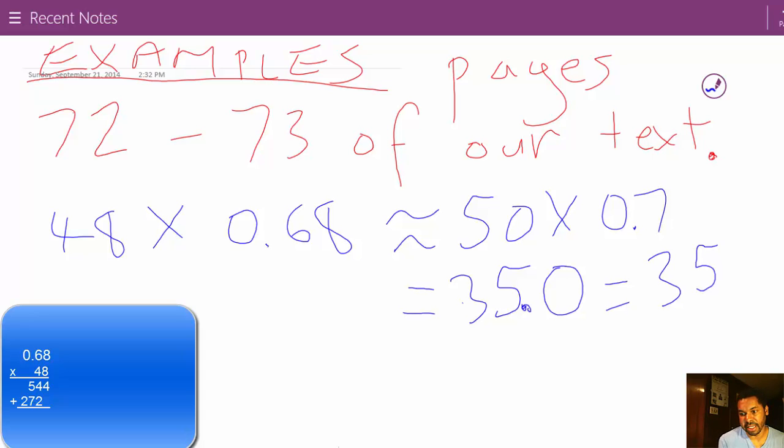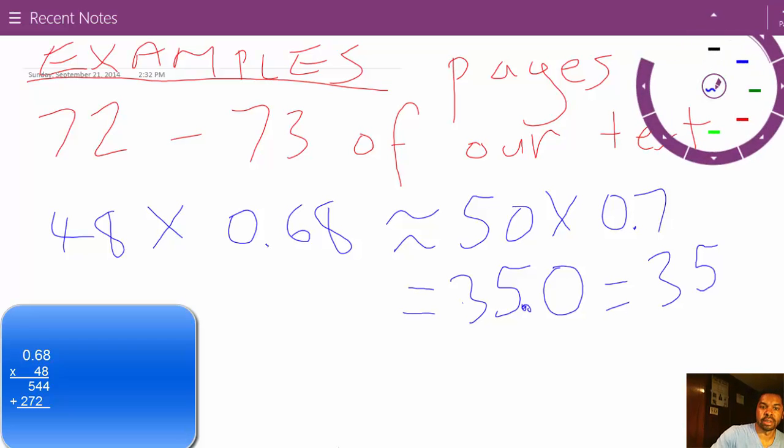That's an estimation. So we'll just move on now to the actual multiplication.